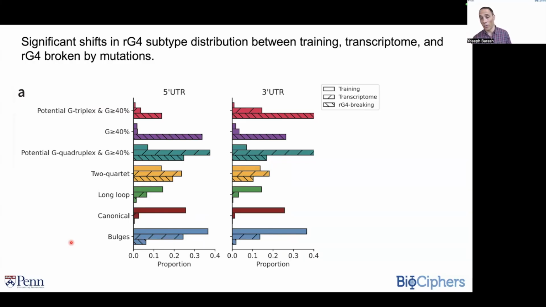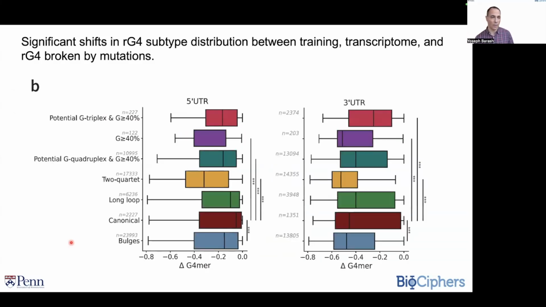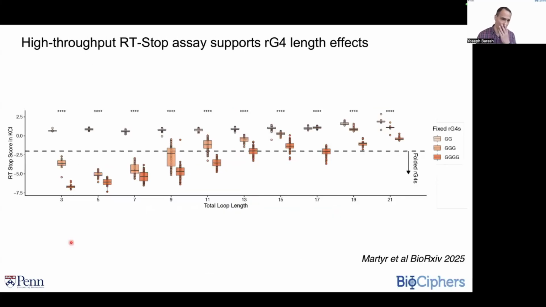When we look across those subtypes for the effect of genetic variants that break them, again, we see a significant difference between the subtypes. This is shown here both for 5' and 3'. And that makes sense if we think of what we know about those subtypes in terms of their strength, and that also aligns well with recent data. So these are results from a recent bioRxiv from Dan Dominguez's lab, which conveniently came out recently with high throughput measurements.